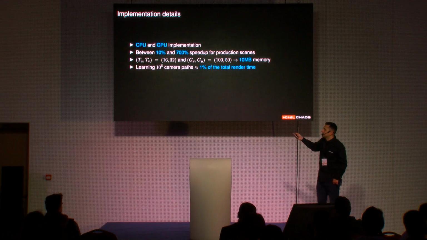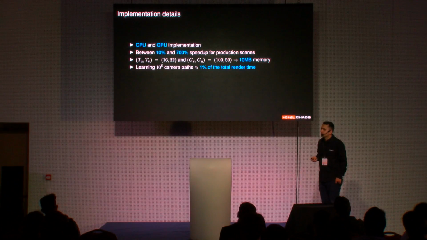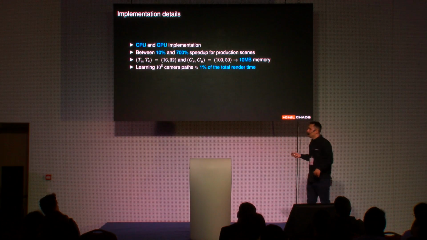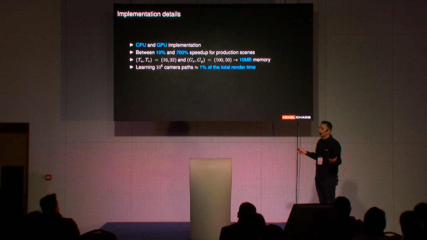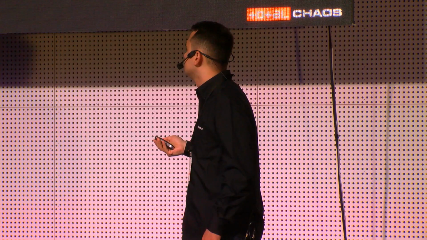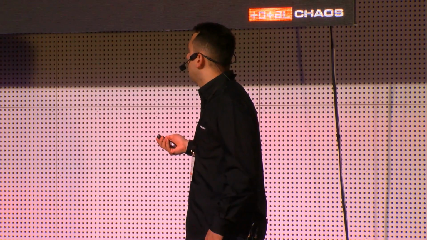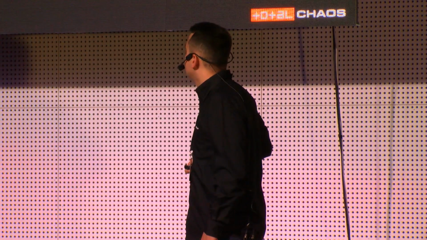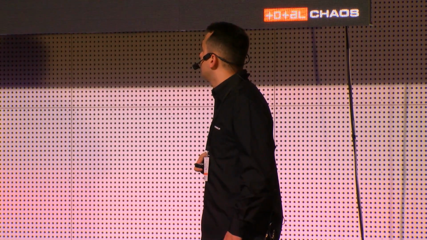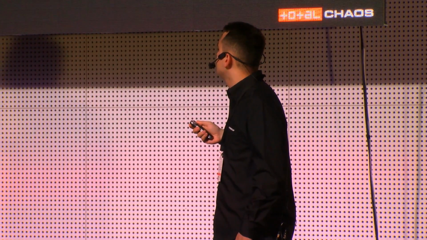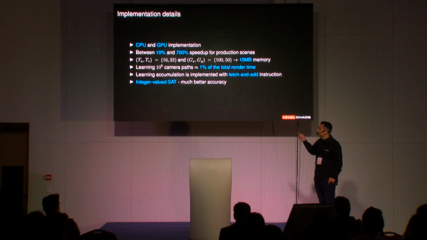So this usually takes for production scenes less than or around 1% of the total rendering time, and it is free for us because we are shooting these camera paths. Also we use these fetch and add instructions in order to avoid synchronization locks during learning.